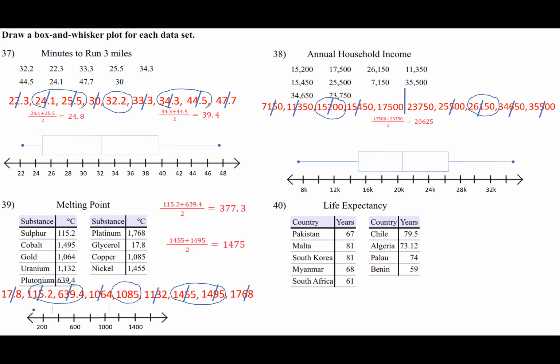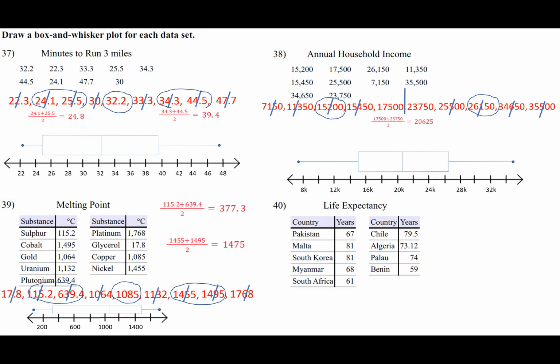My upper quartile is 1,475. And the biggest number on the list is 1,768. My 3 segments in the center, let me close them up as a box. And my points, let me connect them to the box as whiskers. And there's the box and whisker plot.